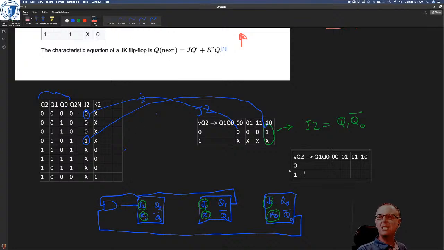So now for K2, we've got to go through again and the first few of these, the top line for K is all don't cares, right? Then the 110 entry here is a 0.